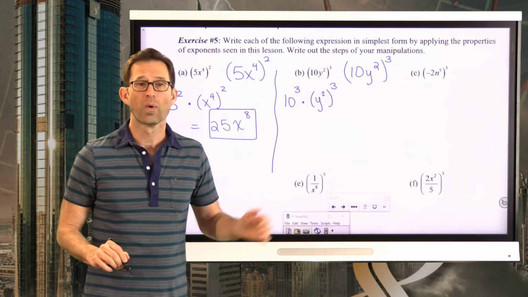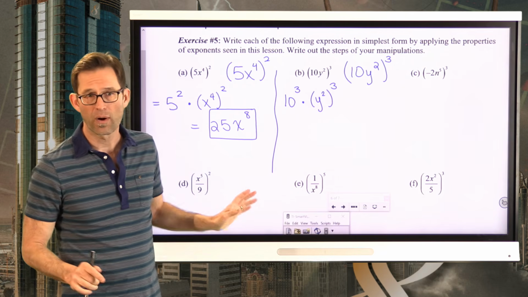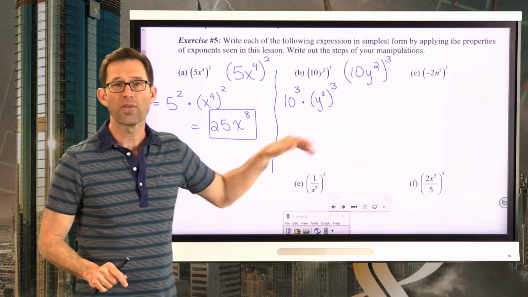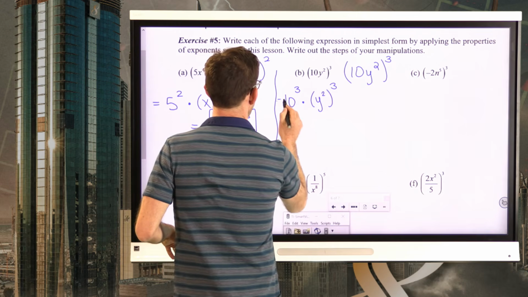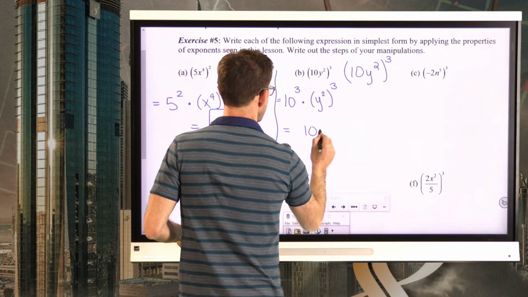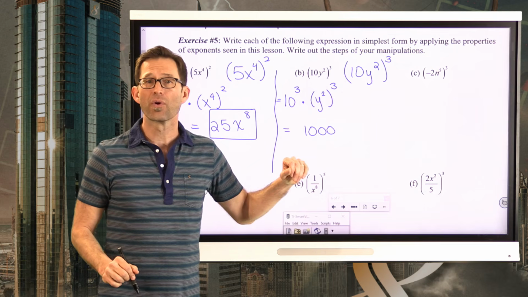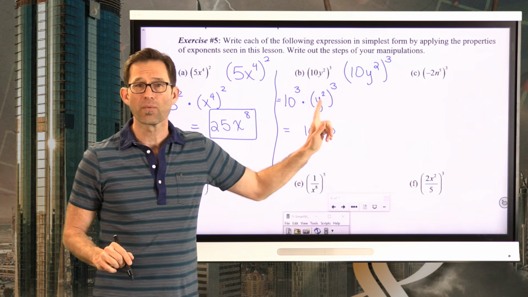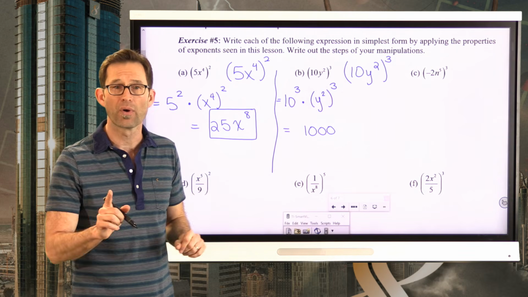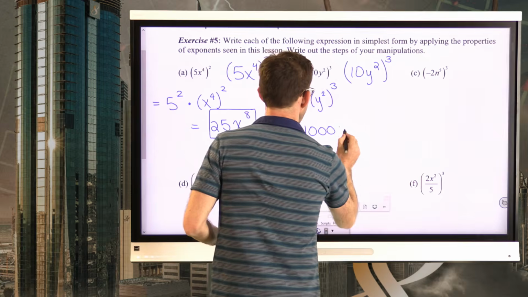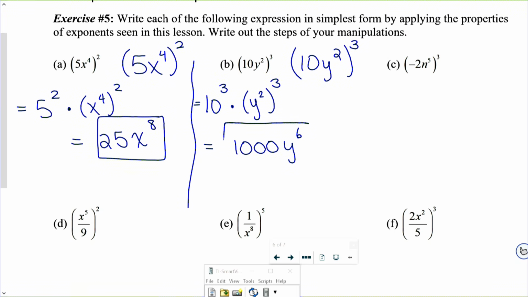Now 10 to the 3rd is one that I'm not breaking my calculator out for. I might do that on some of the other ones, but 10 to the 3rd should be easy enough. That's 1,000, right? And y squared to the 3rd, again, we have that property, something raised to an exponent raised to another exponent. I multiply the two exponents, and I get 1,000y to the 6th.